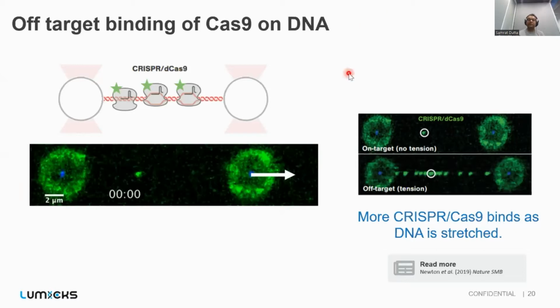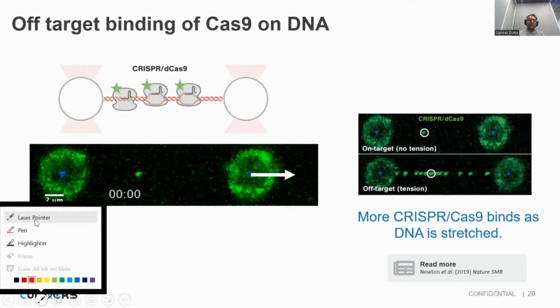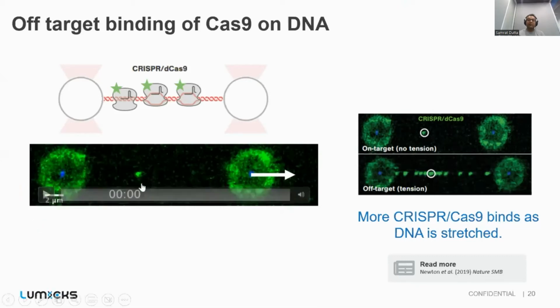So this group from Imperial College London found out that when the CRISPR-Cas9 complex binds to the DNA, when the DNA molecule which is tethered between these two beads is kept at a very steady or minimum force, I would say, it binds to exactly one location.